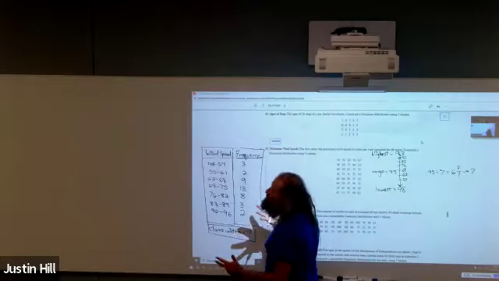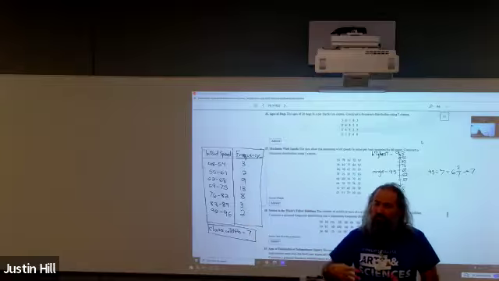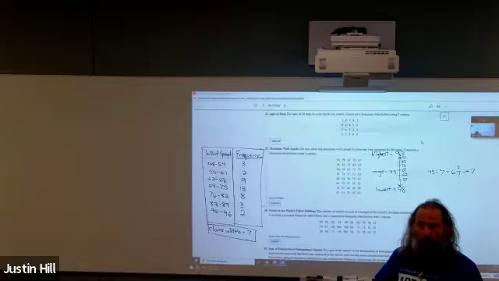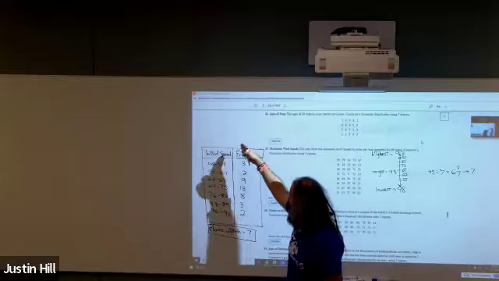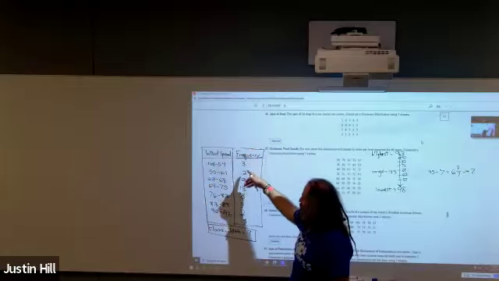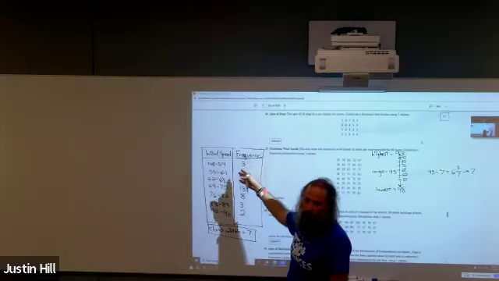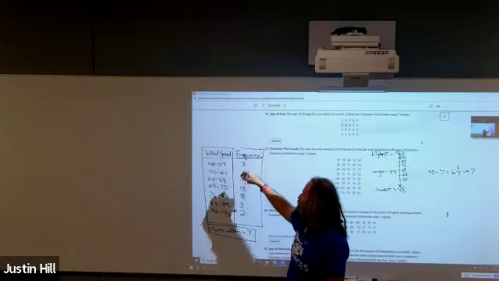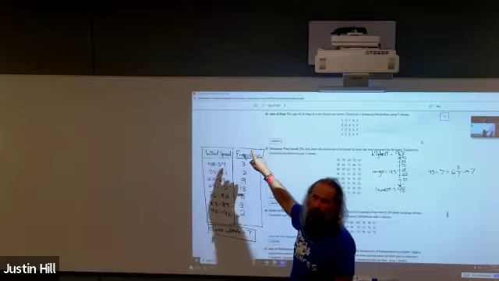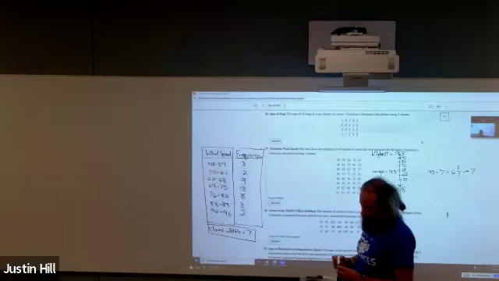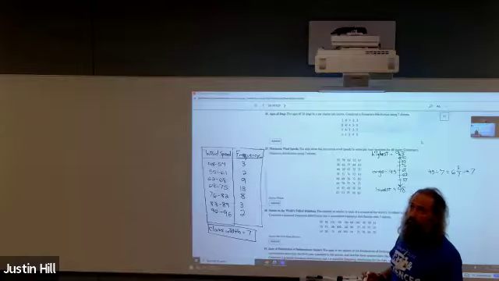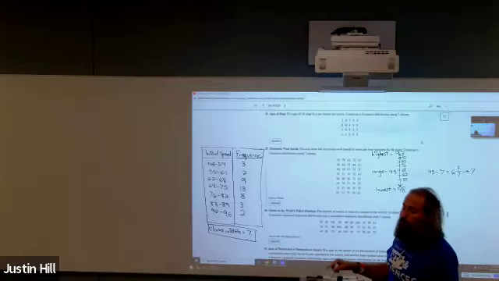The reason I'm adding it onto the table is that on some tables they do show it that way. They'll show you the classes, but then they'll have 2 extra columns in between, one that shows class boundaries, one that shows, what do you call it? Sorry, midpoints.